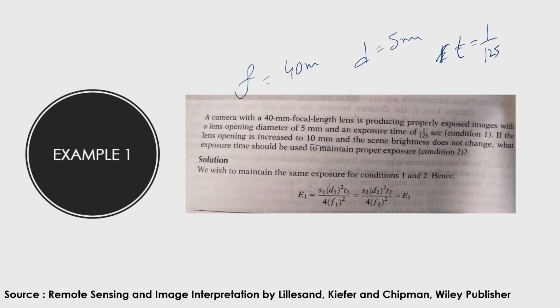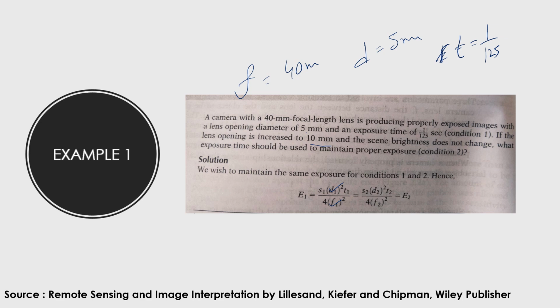Very, very easy. So here you know the focal length, you know the diameter, you do not know the scene brightness, and the thing is it does not change. Scene brightness does not change, they are saying.